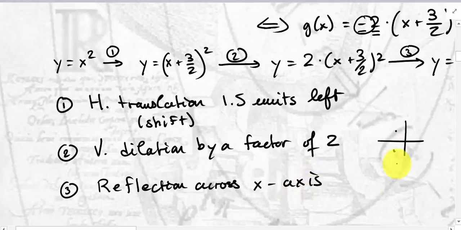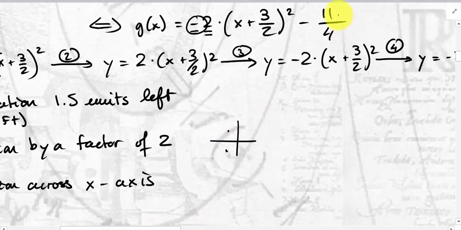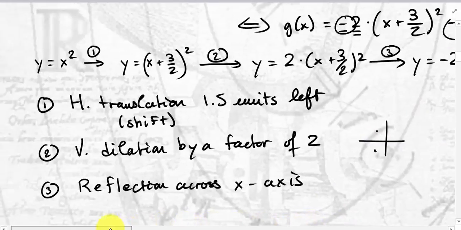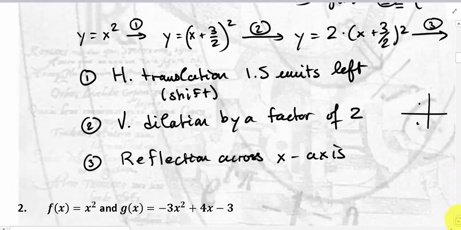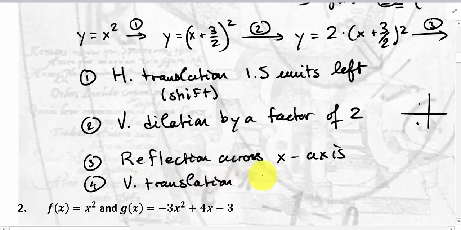Okay. And finally, number 4. So number 4 was this one right here. So number 4 is a vertical translation. 11... Oh, did I make a mistake? I think I may have. Yep.